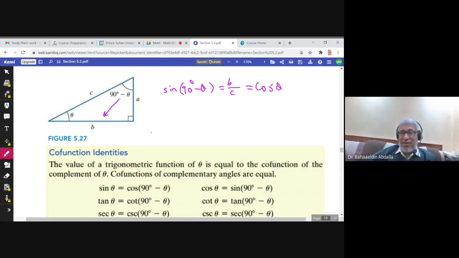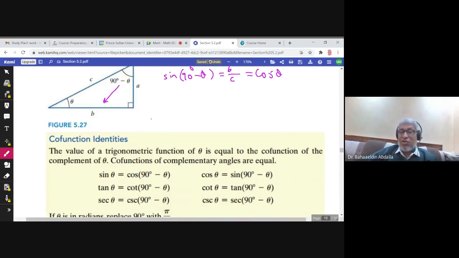So there is a relation between these two angles, and these two angles, by the way, are complements because their sum is 90. So sine theta is always cosine 90 minus theta, and cosine theta is sine 90 minus theta.